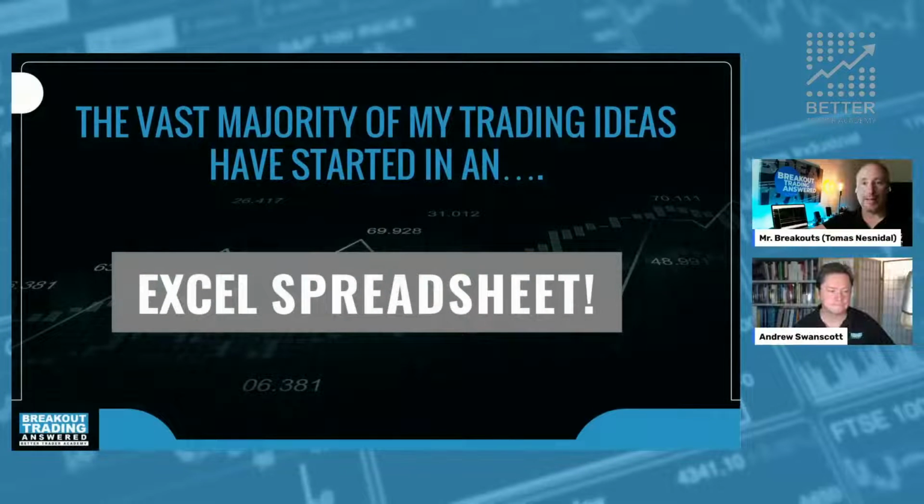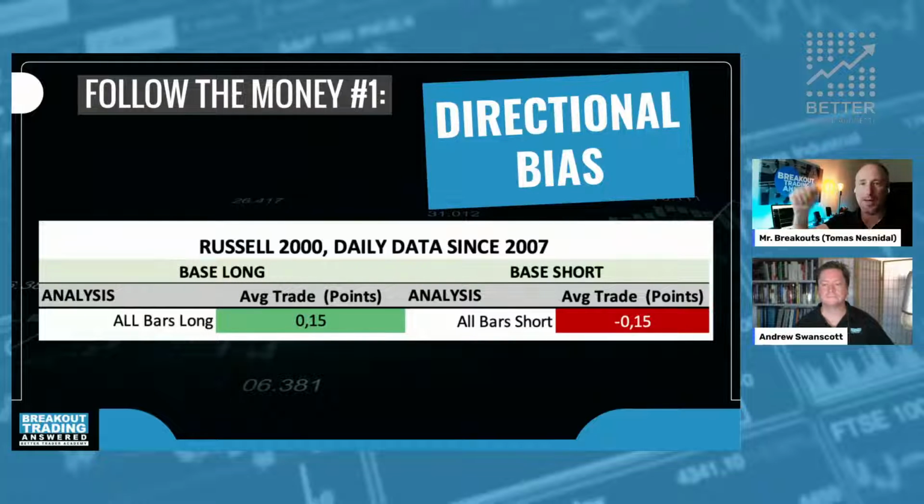Try finding the two T's, the tendencies and timing. And I'll show you three very, very simple tips right now, which you can start implementing right away. So the very first tip when it comes to following the money is basically directional bias. This is about the tendency.